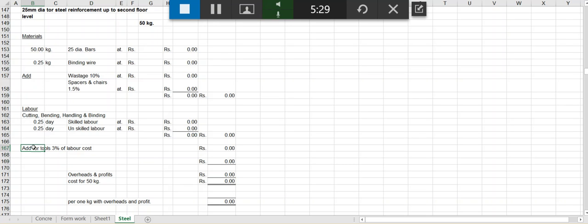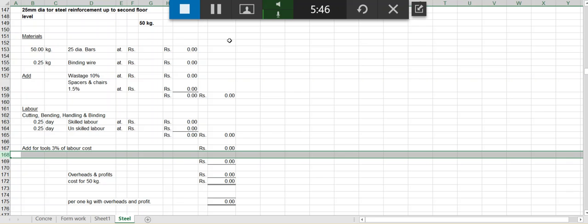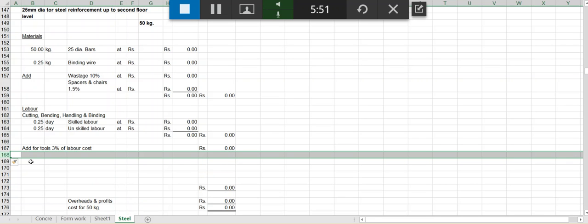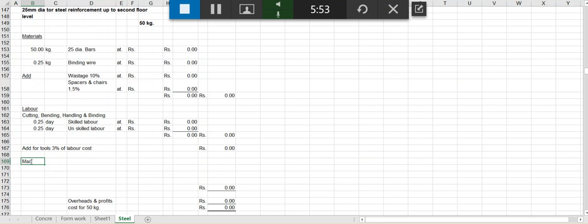Tools, 2.5, the same tool rate as in previous items you can add. But here they have missed one more thing, called the bending machine, that comes under equipment or machinery. Machinery and equipment rate.